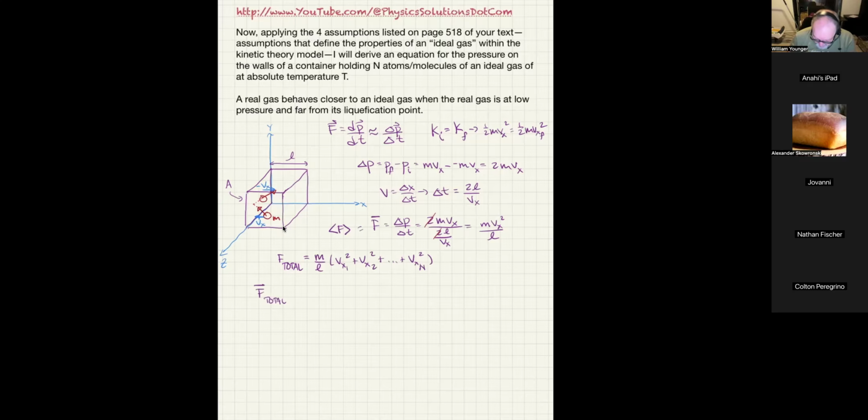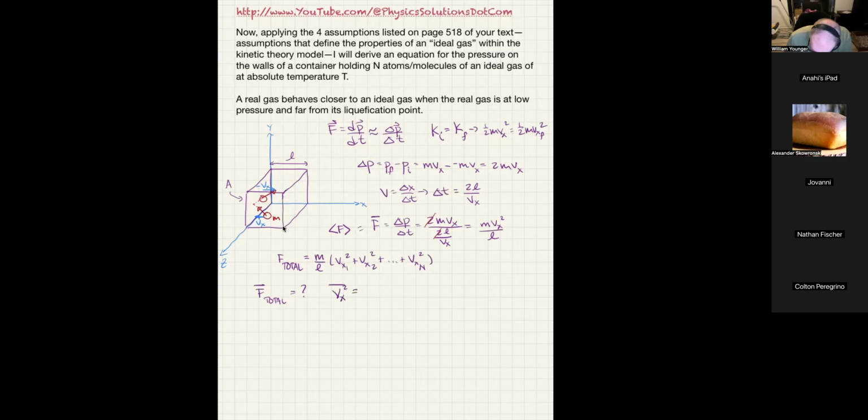So with that in mind, F total is, in some sense, related to the average of all these. If we look, we might realize that the average of the square of the velocities is something important. I'm calling it v sub x squared with a bar over it.